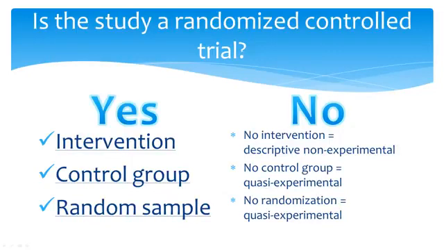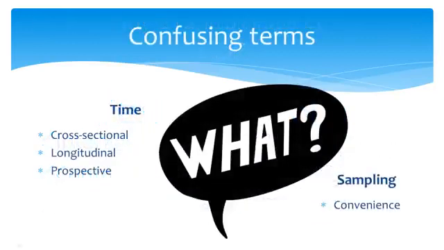Sometimes, I see students that are confused about the study design because of the terms that relate to the length of time the study was conducted or the sampling process. While you are right that these terms relate to the study designs, they are not broad enough to represent the methodology of the study and therefore do not give enough information to the reader about the study design.